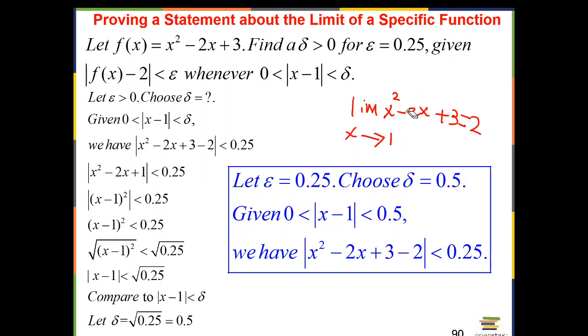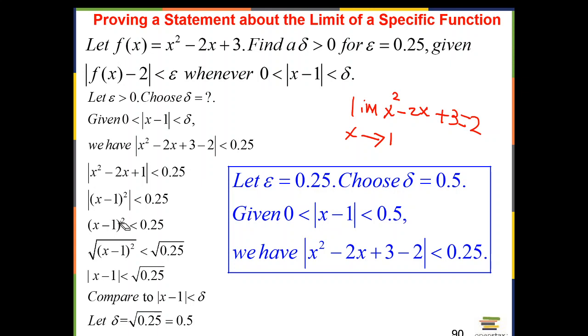Okay? So basically we want to prove this only when epsilon equals 0.25. So we start with this expression, which is basically this minus 2, right here. Simplify it more. This is just x minus 1 squared, right? And since this is positive, we can just remove the absolute value.